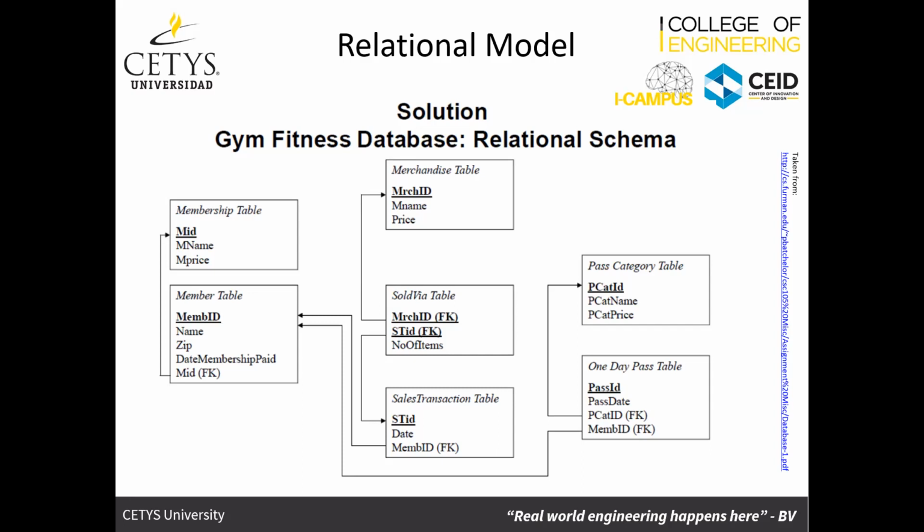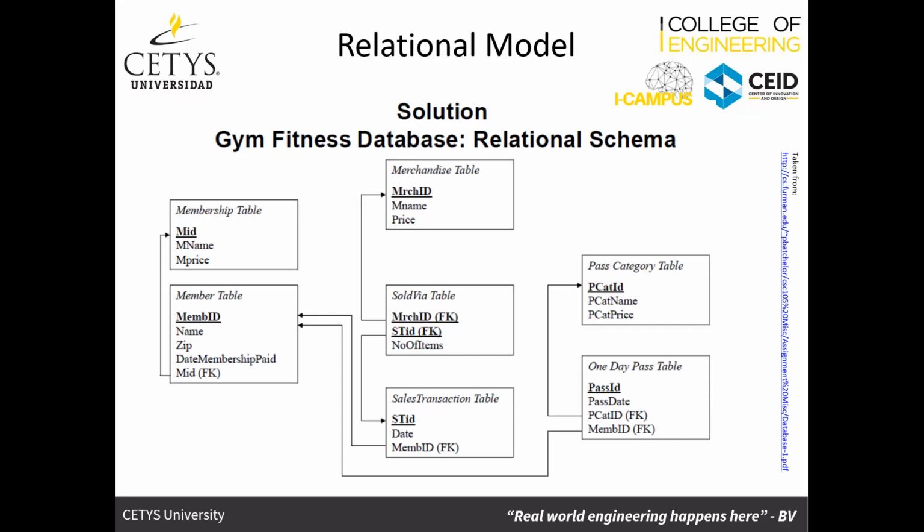So we grab the member ID and put it on the member table, and that relates those two. Then we have the member and sales transaction. Okay. That was a 1-to-n, so we're grabbing the member ID and adding it to the sales transaction table.